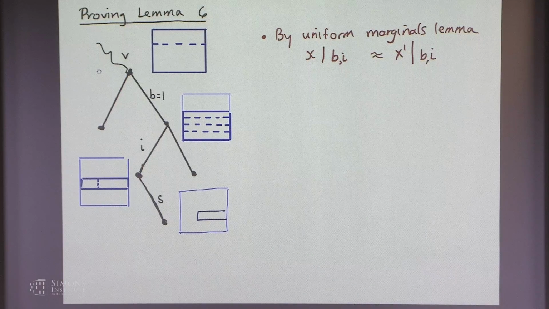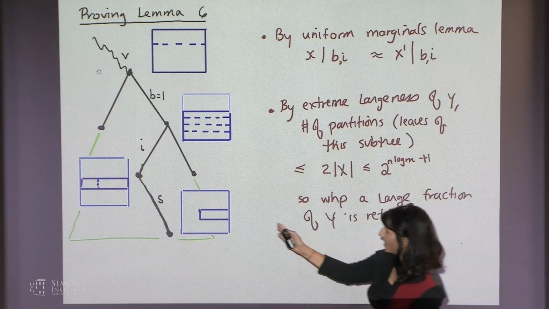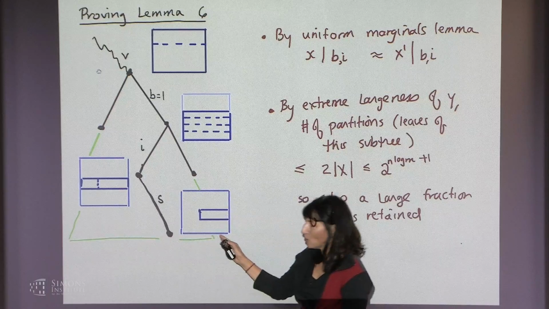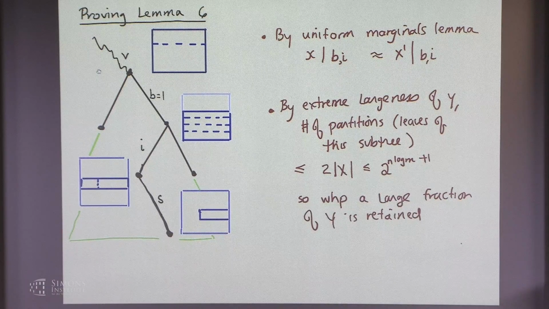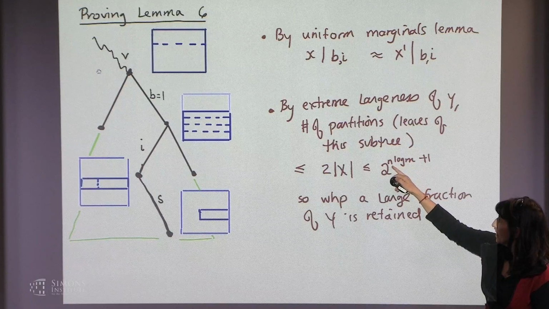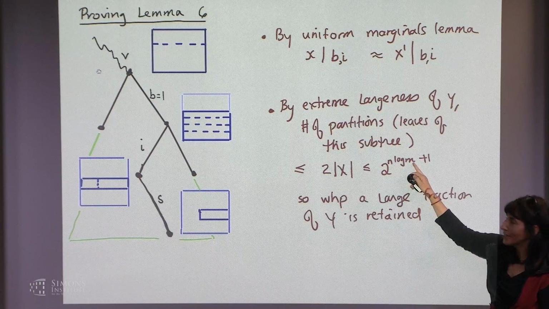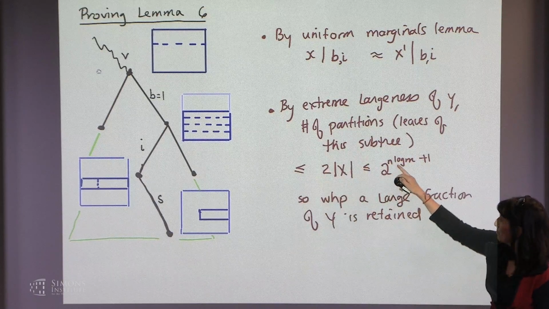But what Avi said was that we should just look at this entire possible tree and how many leaves it could have. X is so small compared to Y that the total number of leaves it could really possibly have is like exponential in something like n log m. That's really tiny. So the number of bits revealed by this whole thing is like n log m.